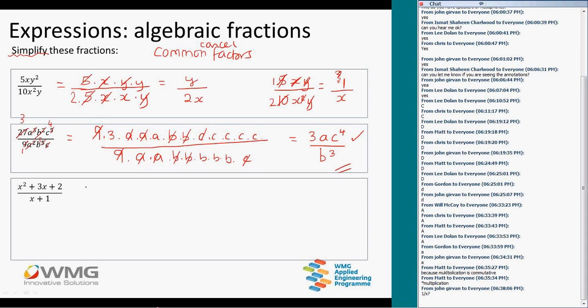So I can see that the numerator could be factorized into x plus 2 and an x plus 1, and so it simplifies into x plus 2. The way to think about it, either in the numerator or the denominator, if you simplify, then what you've got to do is factorize. Okay, or simplifying by common factor of a bracket rather than a term.